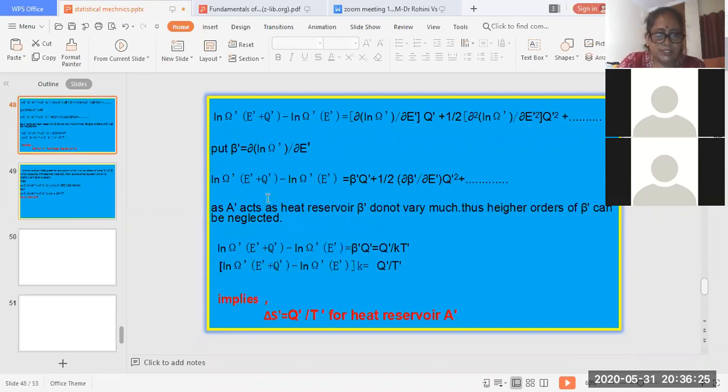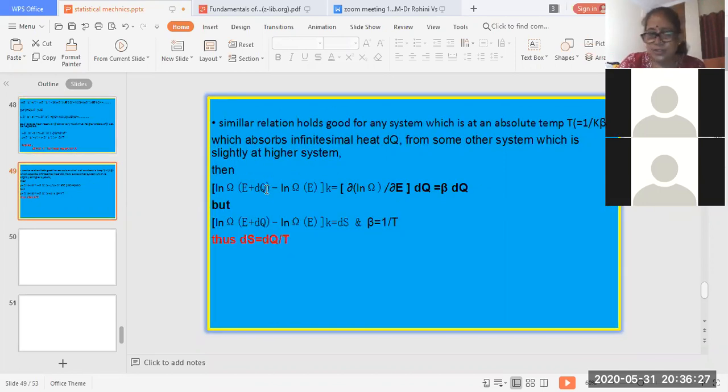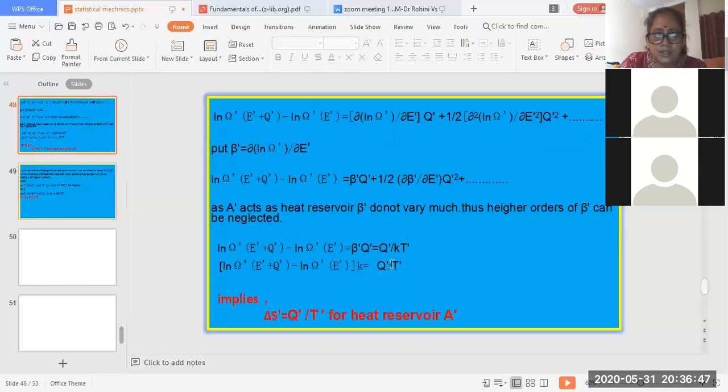So you can see here instead of Q, dq is coming here and E as it is, the ground state value. Okay. So this whole thing is nothing but the change of accessible states with respect to energy E into dq, very small change in energy, which is nothing but, coming to the earlier definition, this is q dash beta dash.